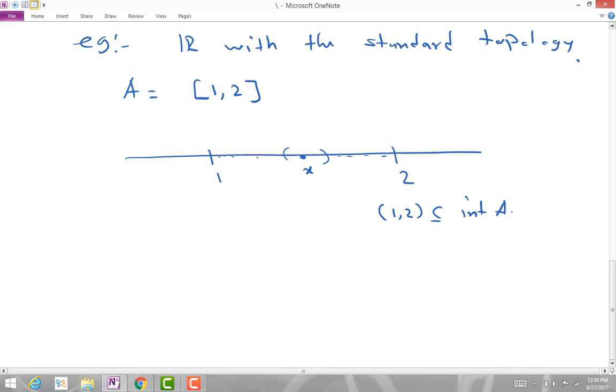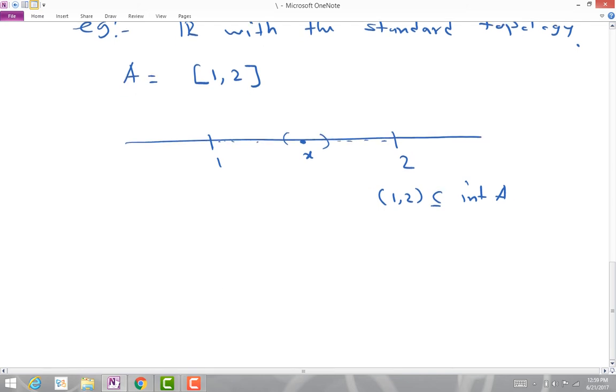That's clear. Now we want to check the endpoints. So if I look at 1, is 1 an interior point? So we use the definition. Can I find an open set, in this case an open interval, that contains 1 and is contained inside A?